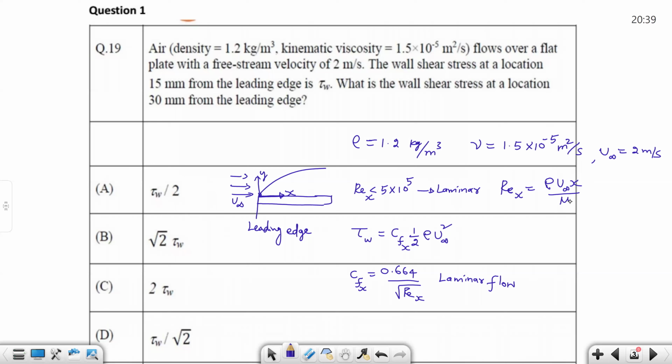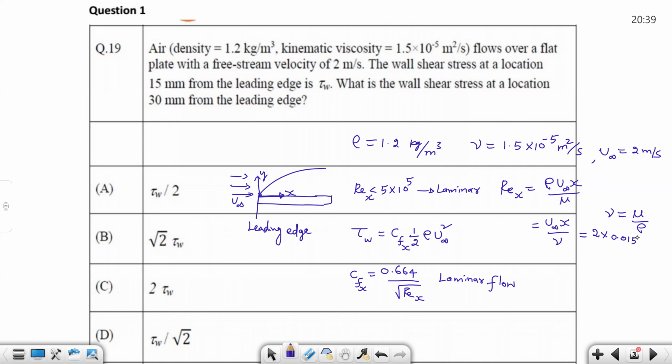And this kinematic viscosity nu is equal to mu by rho, where mu is the dynamic viscosity. So your Reynolds number is u infinite x by nu. u infinite is 2, x may be a distance 0.015. So that is a distance x.